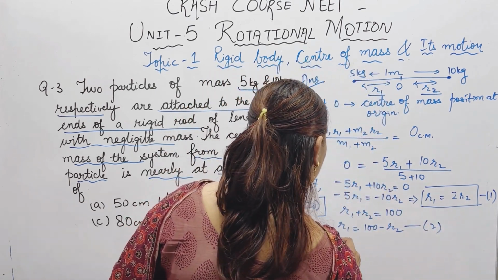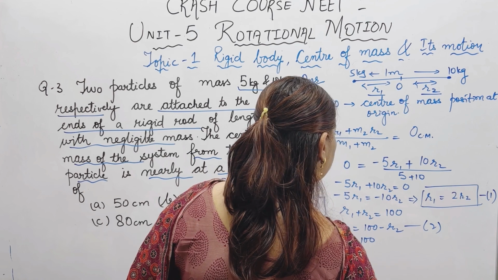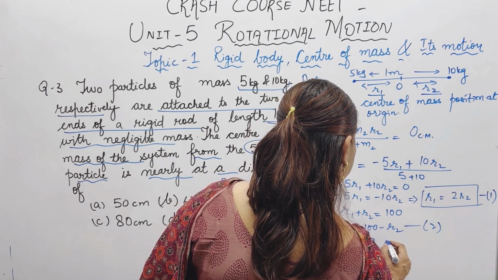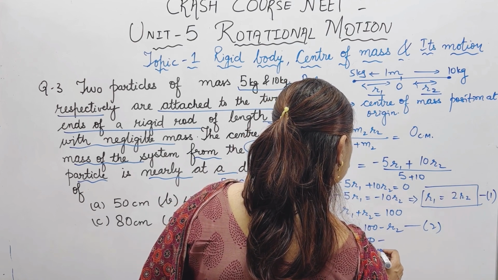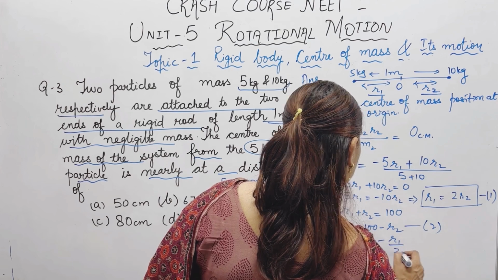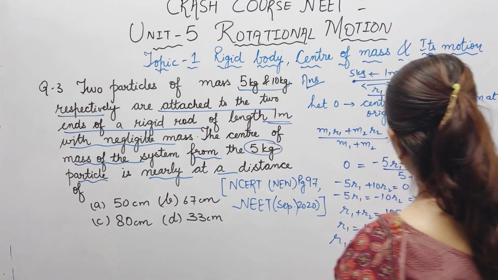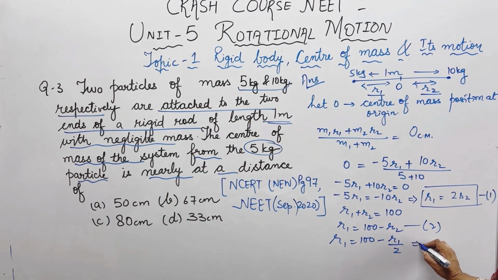So R1 is equal to 100 minus R1 by 2. So this will come out as 2 R1 equals 200 minus R1, or 3 R1 is equal to 200.